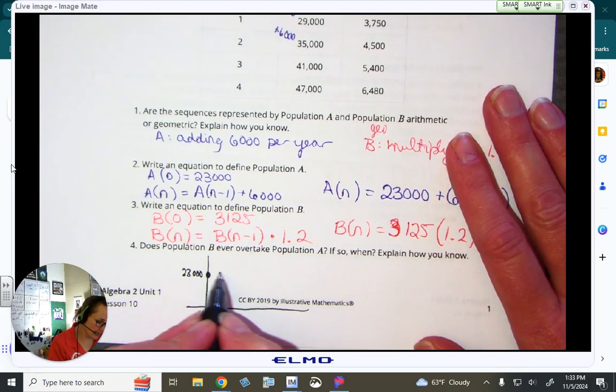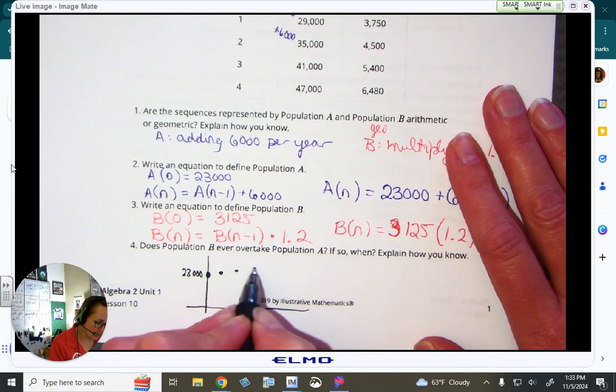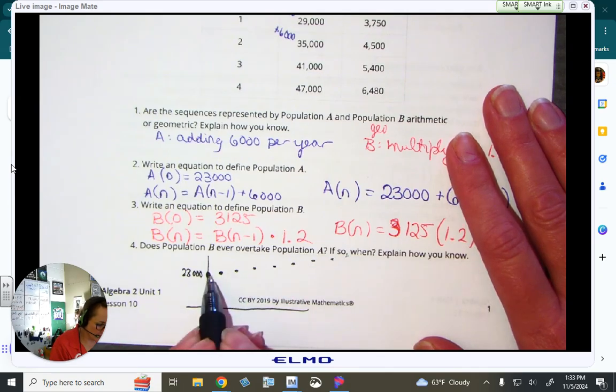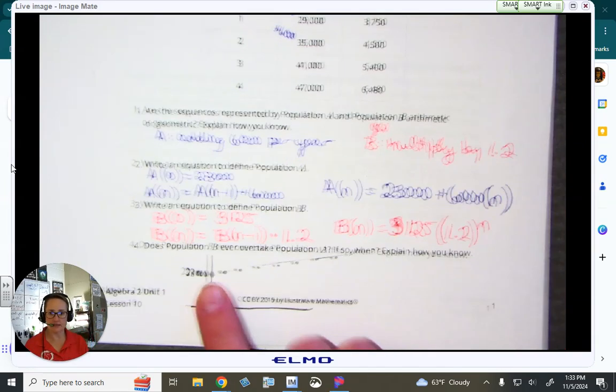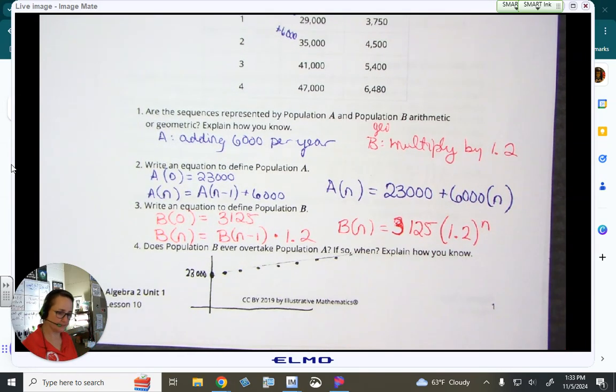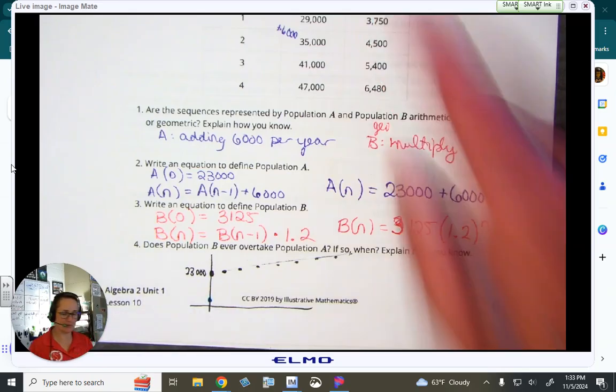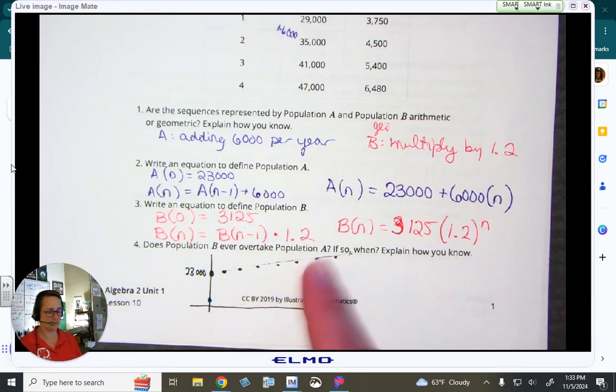And if you remember, it's going to grow in a straight line kind of graph. So it's going to be increasing just a little bit because it's only adding 6,000 per year. Population B starts way tinier. I mean, it's way down here. So someone might think, man, that's never going to catch up.